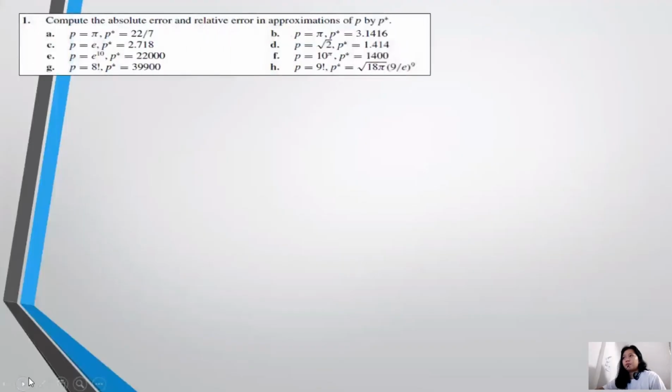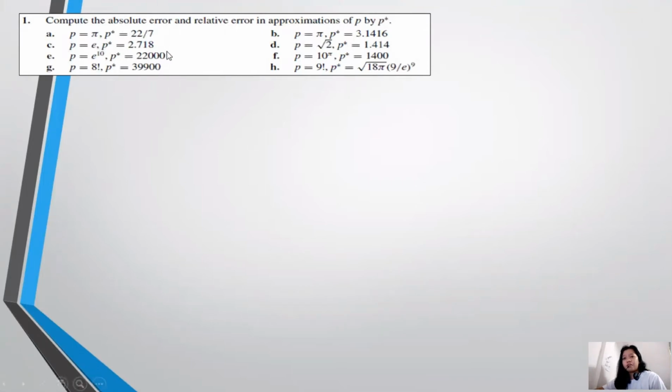So, the first problem is compute the absolute error and relative error in approximations of p by p*. So, the thing that we will be solving here is the absolute error and the relative error. First thing to do is identify the formula.